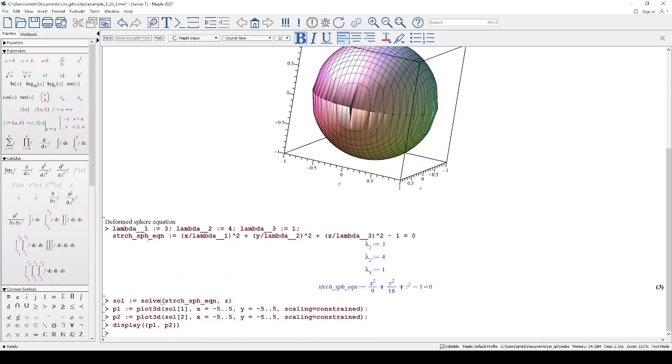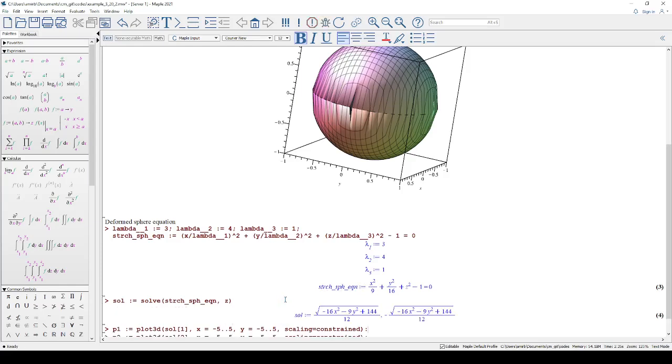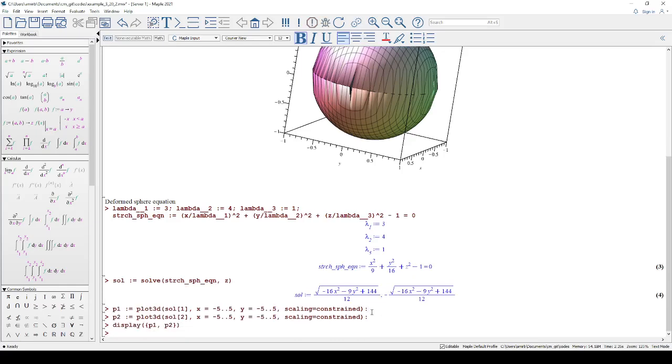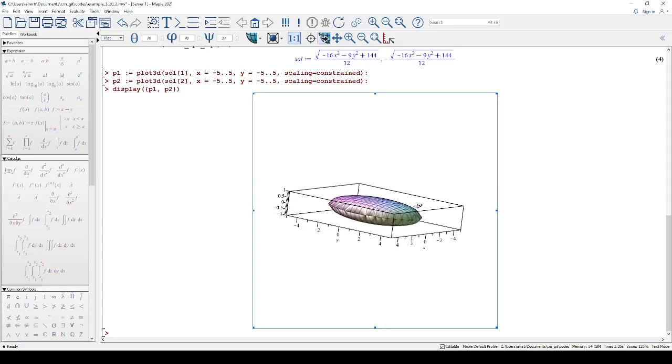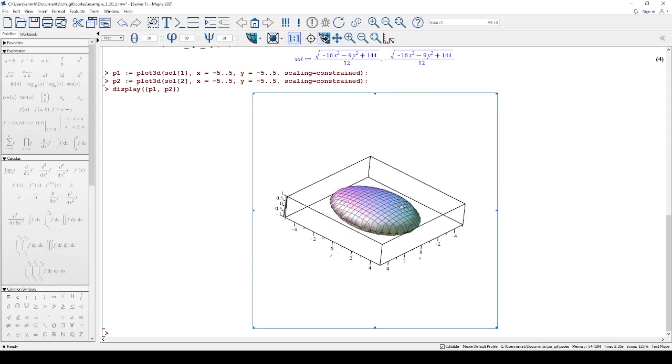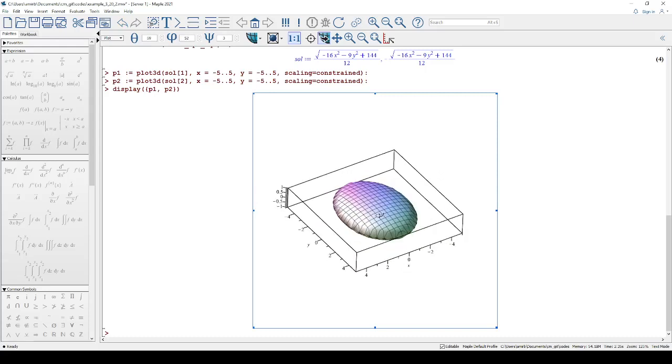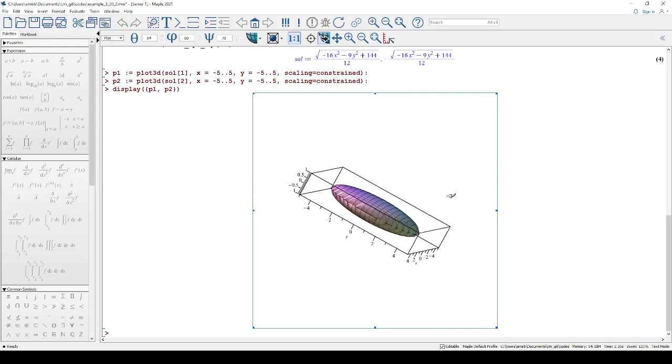I also included the stretched sphere equation here, equation number 3. If we solve this stretched sphere equation for z, we get 2 equations, and similar to above, I plot the upper and lower half, and if you put both sides together, you get the stretched sphere, like the one that you saw in the book.